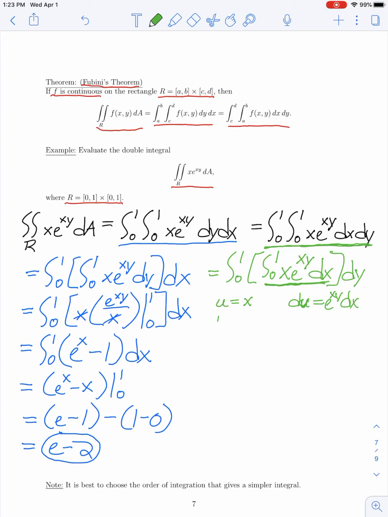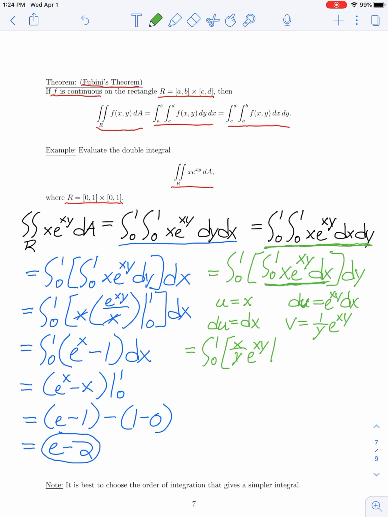So we could choose u as x and dv as e to the xy dx, so that our du is dx, and v would be 1 over y e to the xy.